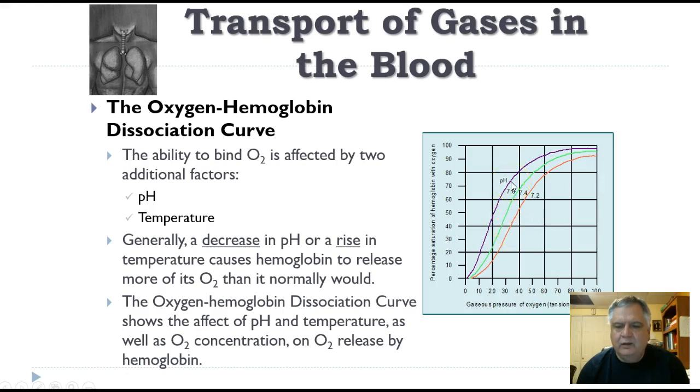So we've got 37. This would be 38. This would be maybe 36 degrees Celsius. Lower temperature means less active tissues. Less active tissues don't require as much oxygen, so the hemoglobin is not going to release oxygen in those tissues as rapidly.